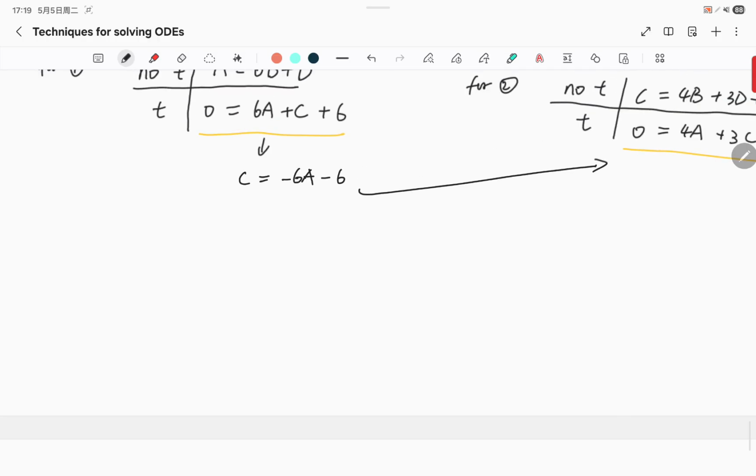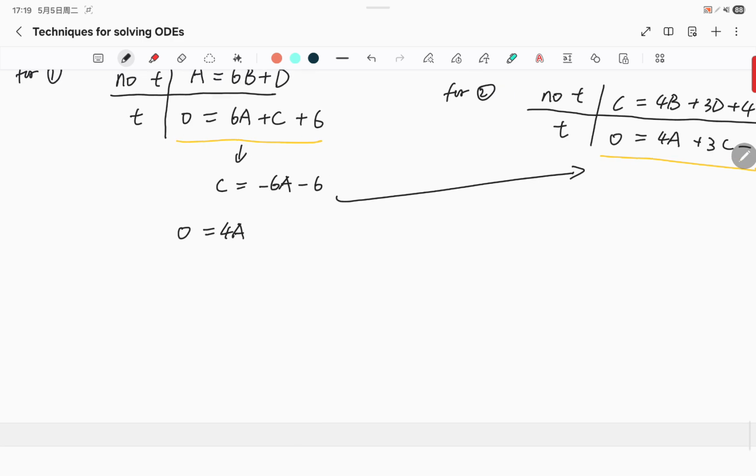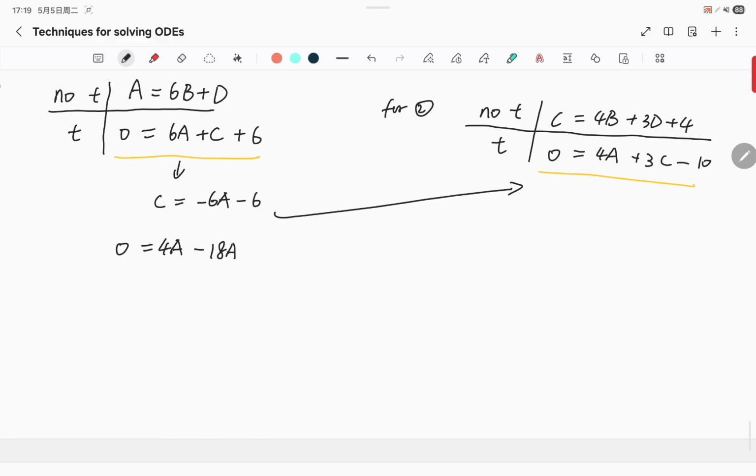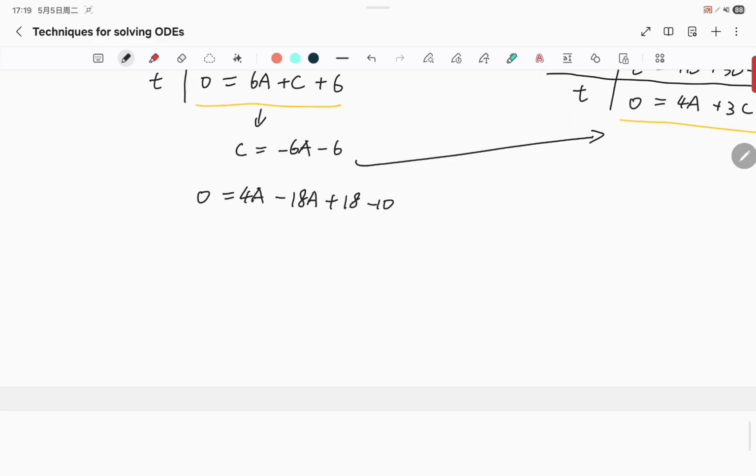So we have 0 is equal to 4a plus 3 times, so negative 18a, plus 18 minus 10. So we have minus 14a.